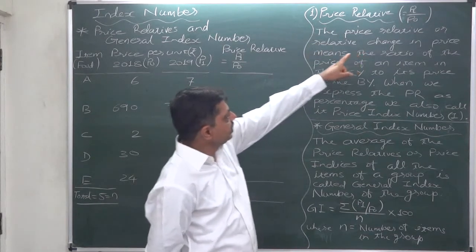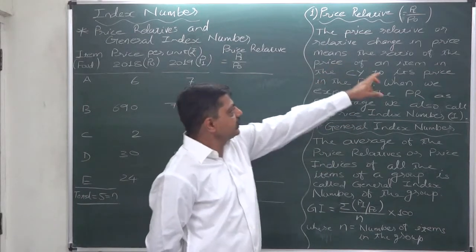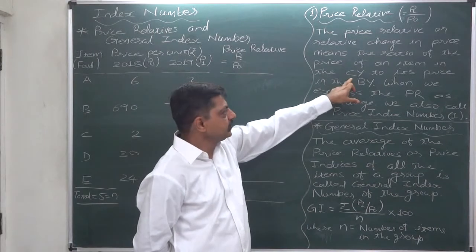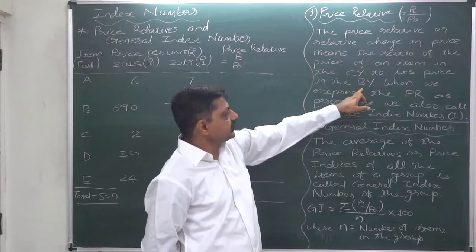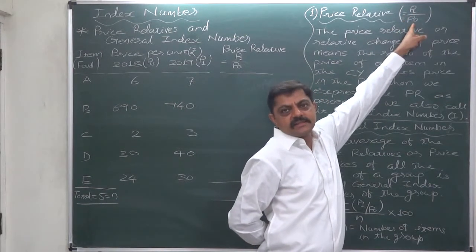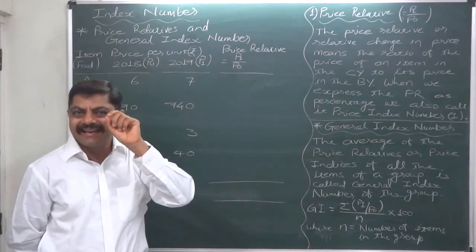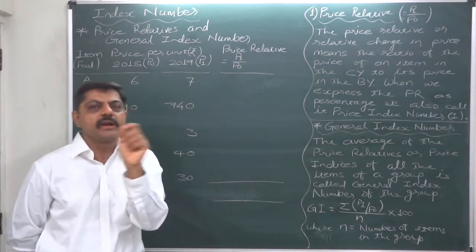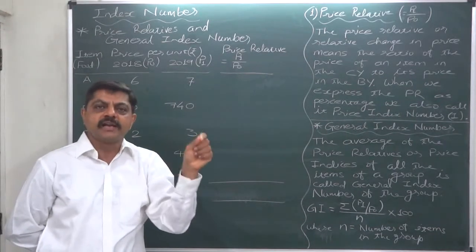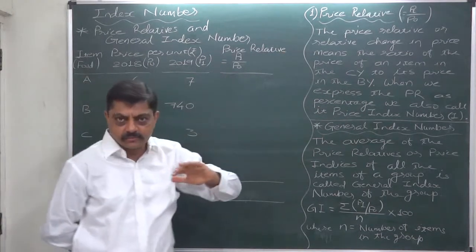The price relative, or relative change in price, means the ratio of the price of an item in the current year to its price in the base year. Ratio of price in the current year to the price in the base year. This is always calculated individually for an item. That means for all the items included in a group, sector or industry, we have to first calculate such price relatives.